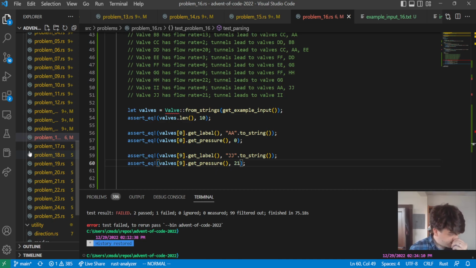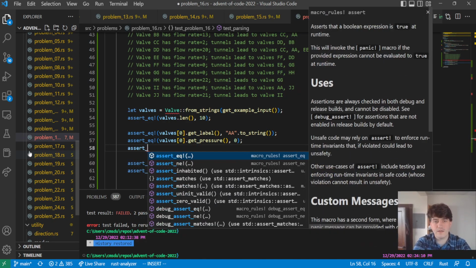And for that, we'll just keep around, do we want to keep around a hash map? I mean, the valves shouldn't know anything about that. The valves should just know what their neighbors are.